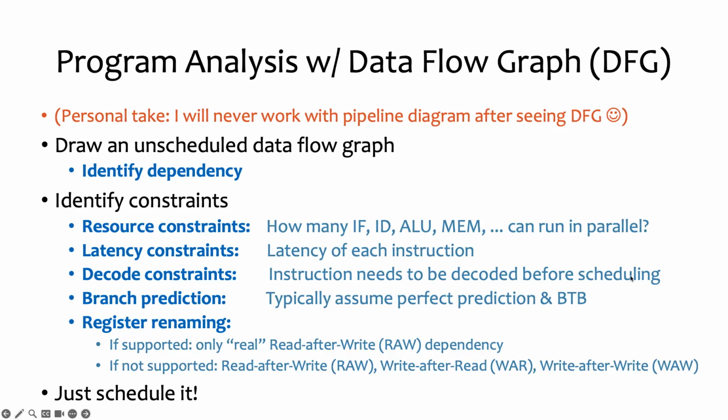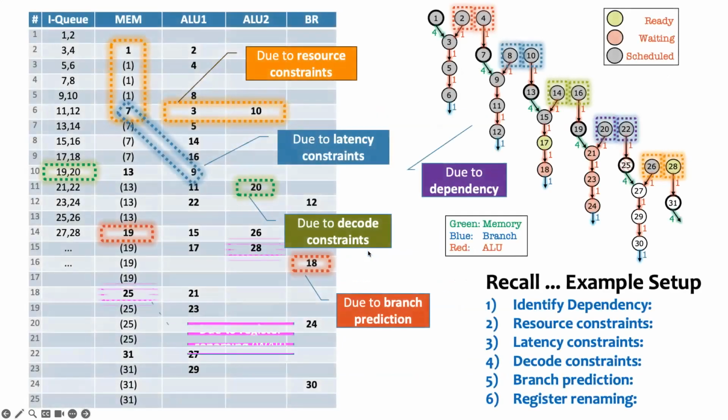There are a lot of false dependencies in this program, and don't worry about this particular example I'm illustrating, but this is an example of write after read dependency. Typically, this is a false dependency, and we don't have to worry about it because the question says we have unlimited register renaming capability.